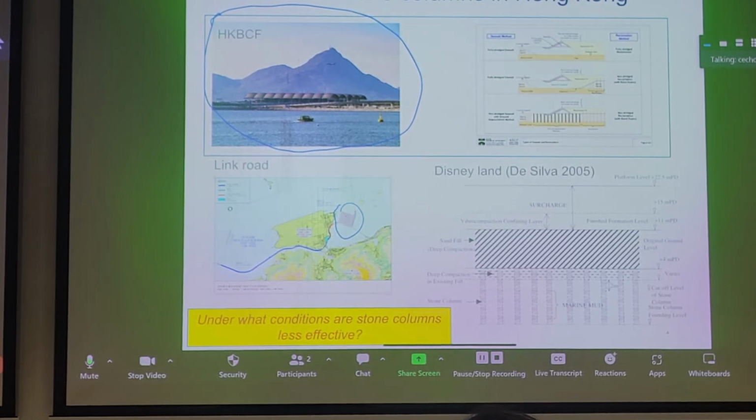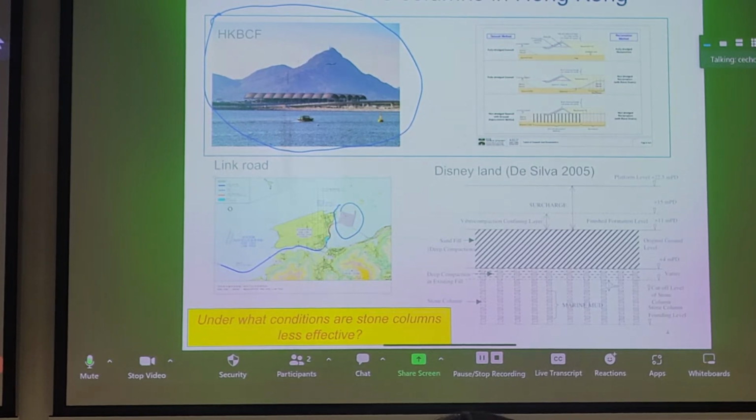If they're very pervious, it means that you can consolidate and dissipate pore pressures much faster, especially if you throw a fill surcharge layer on top. PVD drains also have smear effects and well resistance, and this is well recognized. It's well recognized in Hong Kong by that time that PVD drain designs were never quite close to what the calculated expected settlements were. They were always a little bit less.